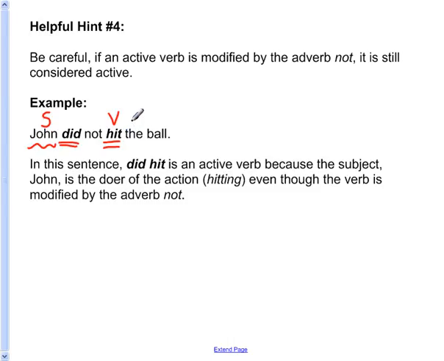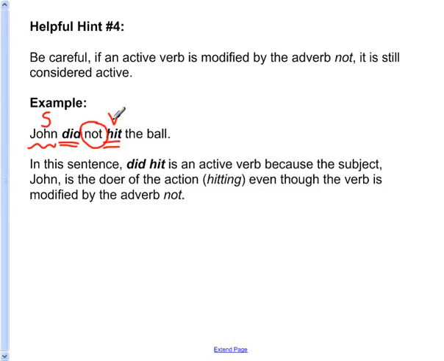Now, there is some hitting going on in this sentence. Actually, there's some not hitting going on. And this is what can be confusing. Forget the word not. Okay? It's an adverb. It describes did hit. And in terms of meaning of the sentence, absolutely not is extremely important. However, in terms of figuring out whether this is an active or passive verb, try to forget the word not.